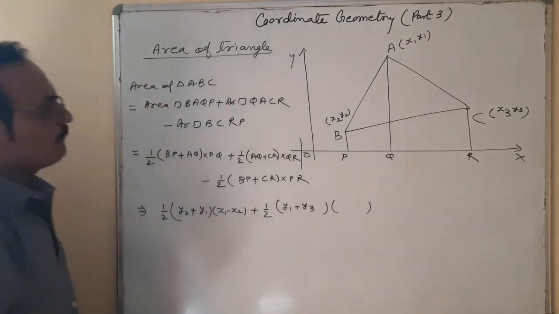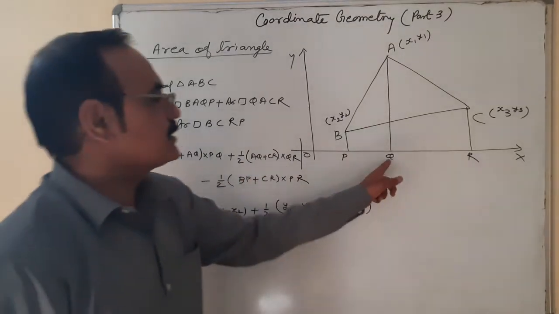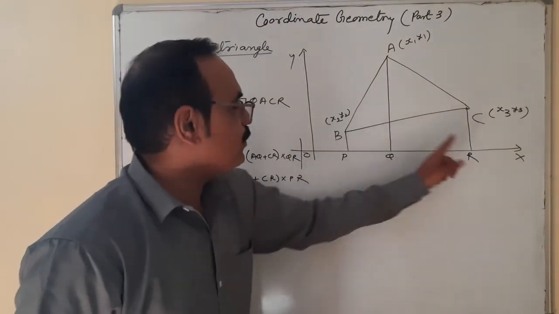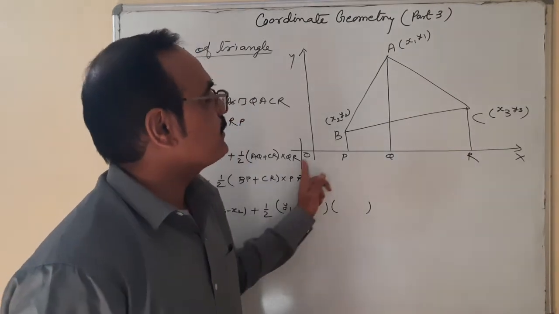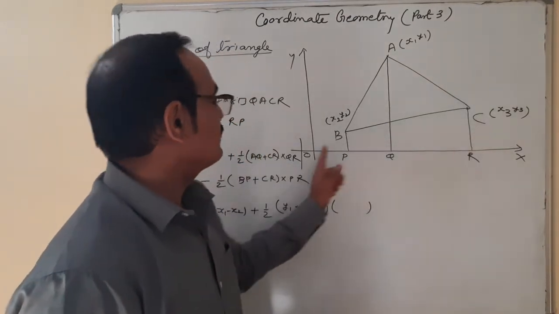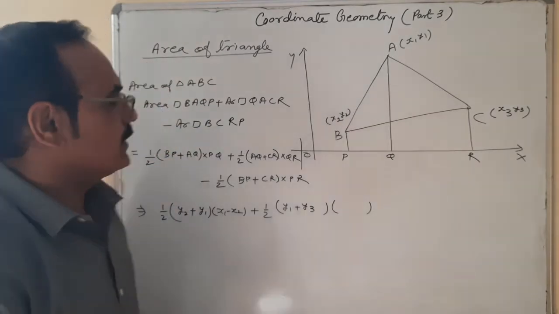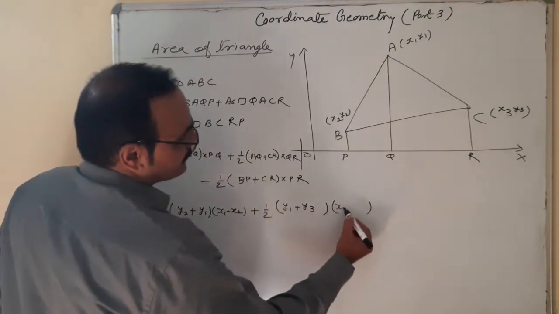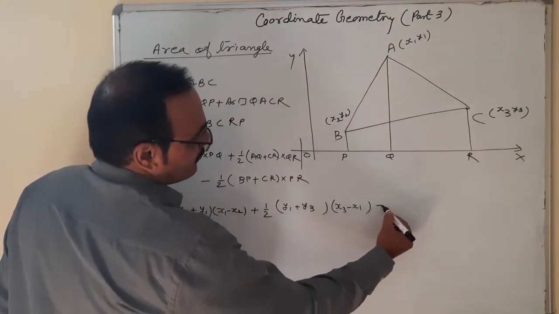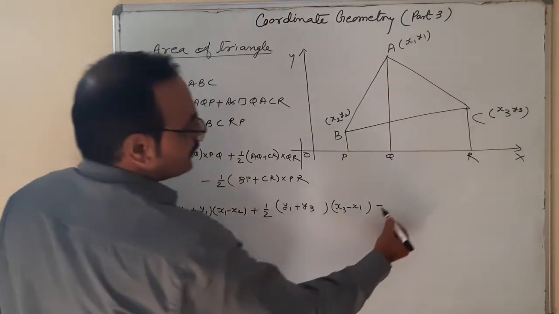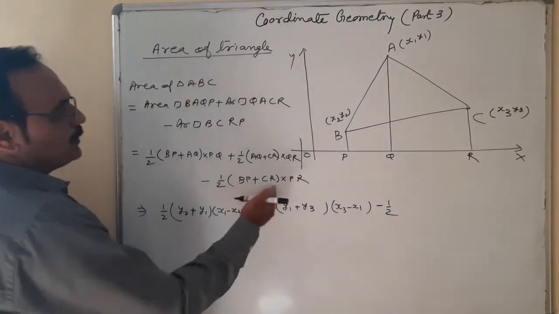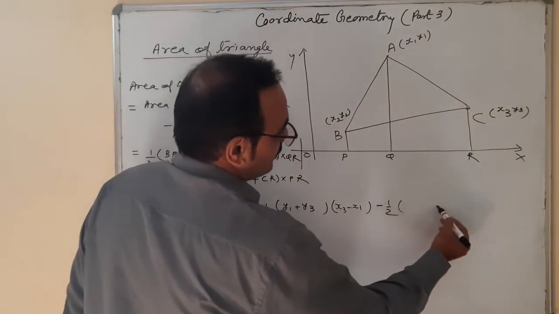and QR. QR means OR minus OQ. What is the value of OR? x3 minus OQ, which is x1. So x3 minus x1. Minus, third is 1 upon 2 BP plus CR. What is BP?